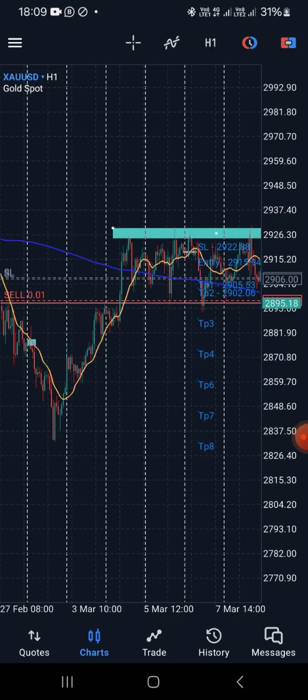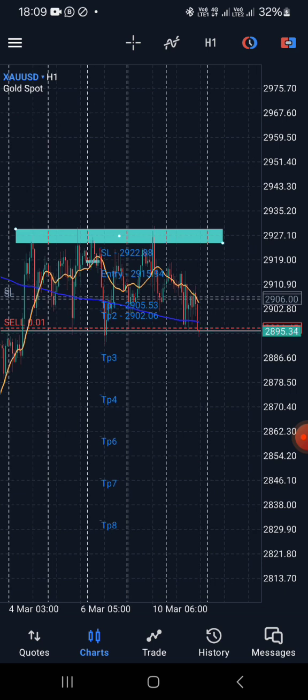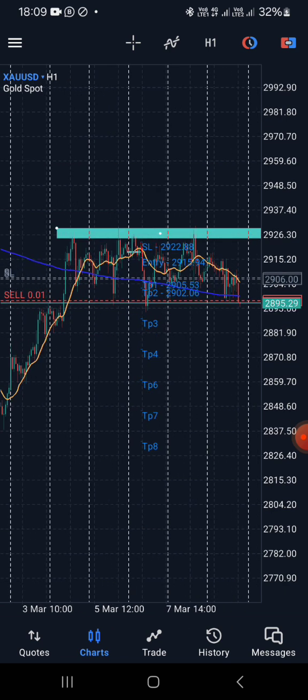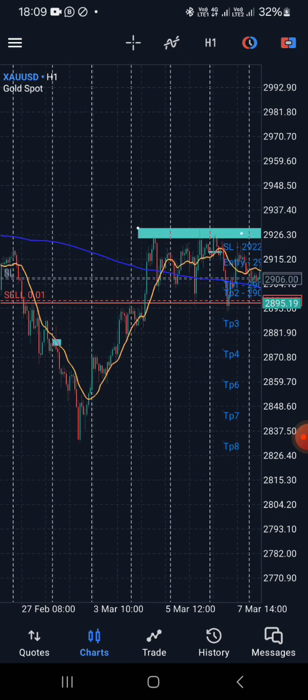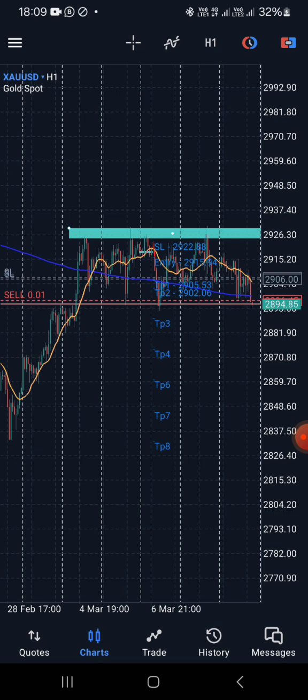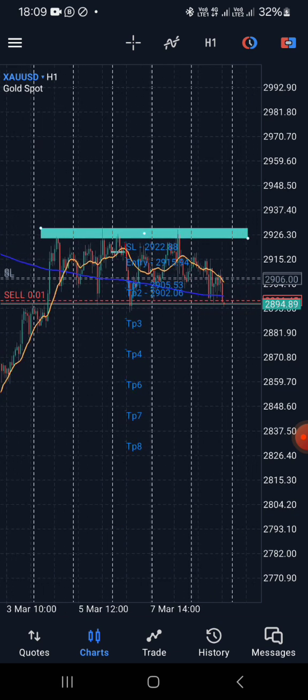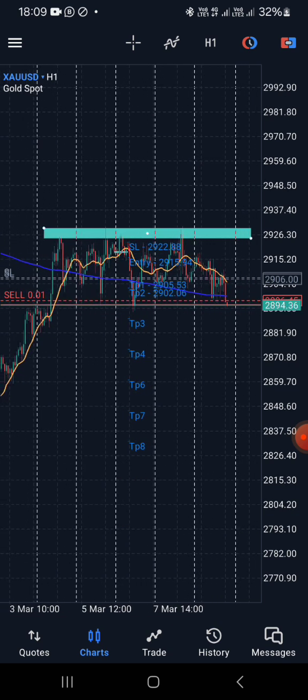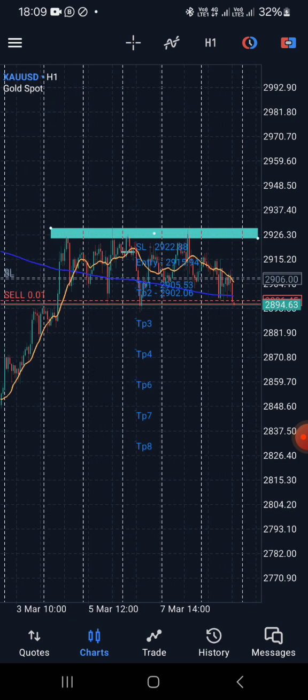And as you can see, in 1 hour, basically there was a crossover for the lower moving average, which is on the gold color, and this shows that market is anticipating a buy trade. But unfortunately, because of other factors that are beyond normal control, we see that market has rejected this zone.